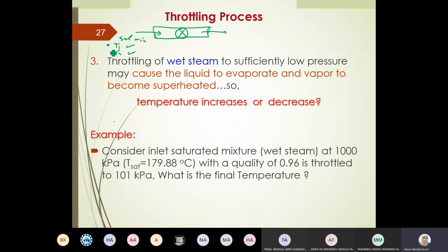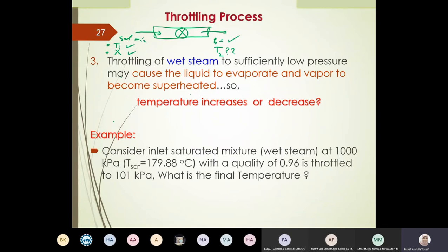If I give you a saturated mixture at the inlet, and then I tell you that the pressure P2 is equal to a given value, and I know that the pressure will decrease, then I ask you to calculate the temperature. If I ask you to calculate the temperature, I'm asking you to see whether the temperature will decrease or increase. And remember, in the previous slide, we had a rule about the ideal gas, and we said temperature will not change in a throttling process.